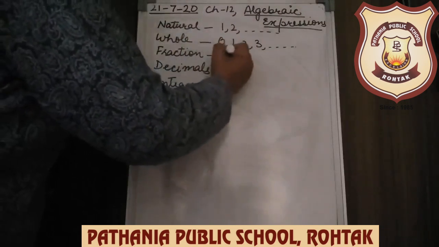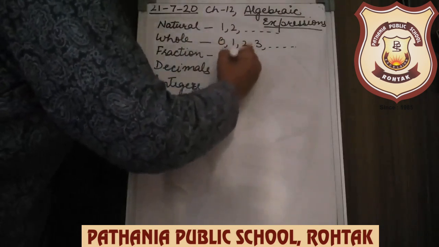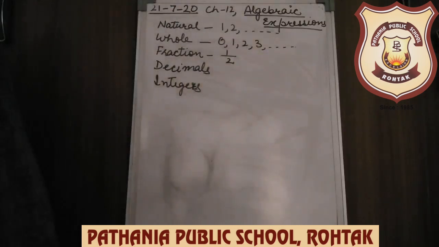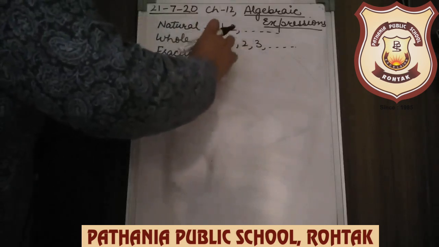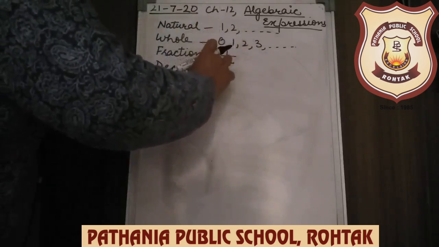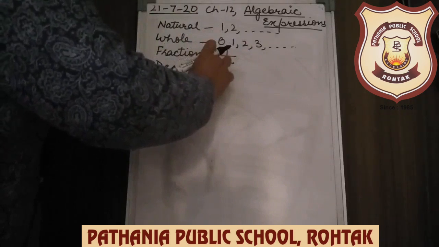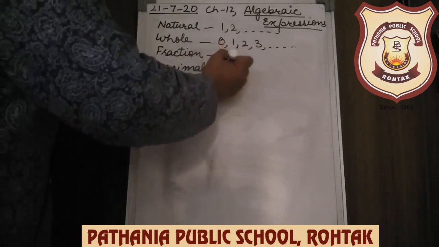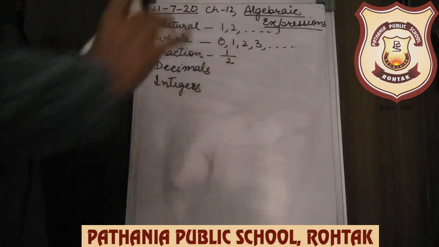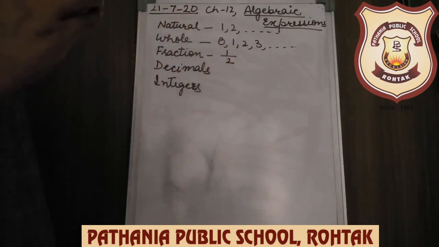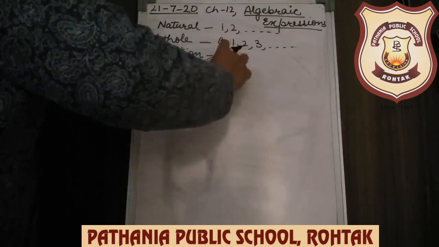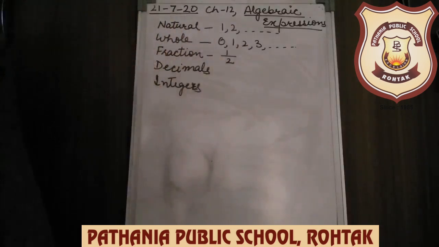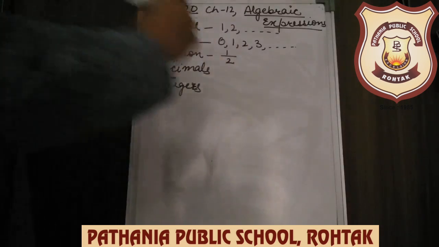Then fractional numbers are written in the form of numerator and denominator. The upper part is the numerator, the lower one is the denominator, meaning a part of a whole thing. In a fraction, the numerator is the part and the denominator is the whole thing. So this is represented by a fractional number.